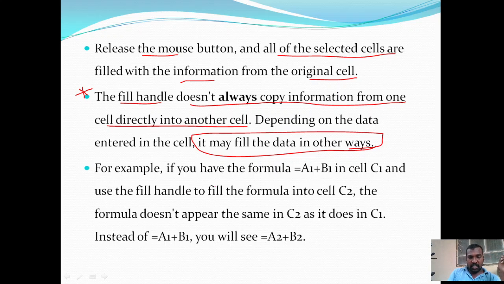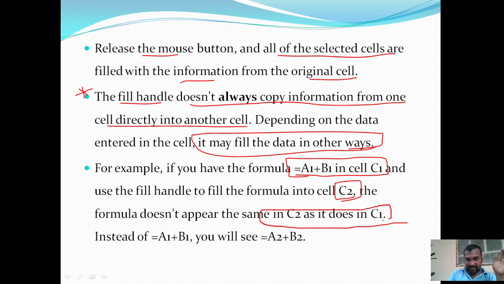So for example, if you have the formula equals A1 plus B1 in cell C1, and use the fill handle to fill the formula in cell C2, the formula doesn't appear the same in C2 as it does in C1. So both the formulas are different, even though they are performing the addition operation. The cell C2 becomes equals A2 plus B2 instead of A1 plus B1.